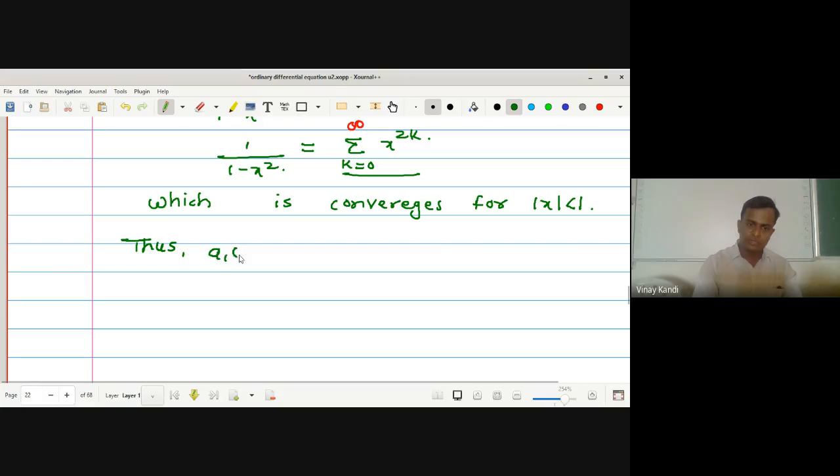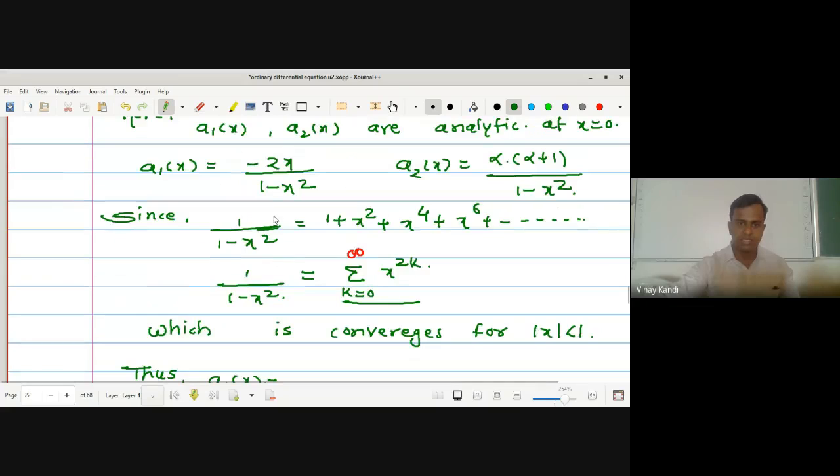Thus a1 of x, we can write, a1 of x is what? Minus 2x. What is the value of a1 of x?